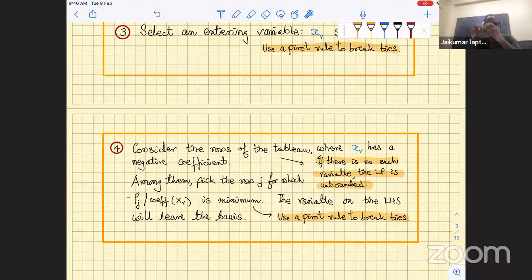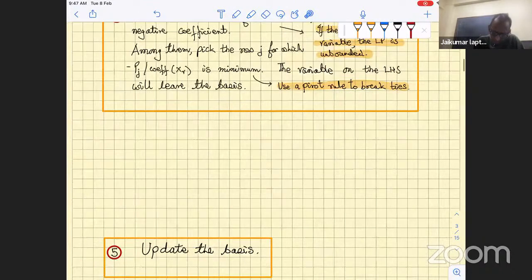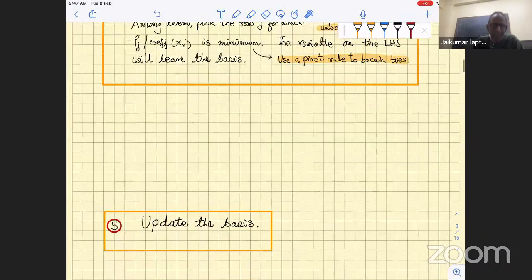So this variable can be increased without any other dependent variable having to be decreased. Okay, and that means we can increase the objective function indefinitely, and we declare the LP to be unbounded. Okay, so this is how, and after doing all this, we update the basis, which is clear. We always try to keep only the independent variables on the right.